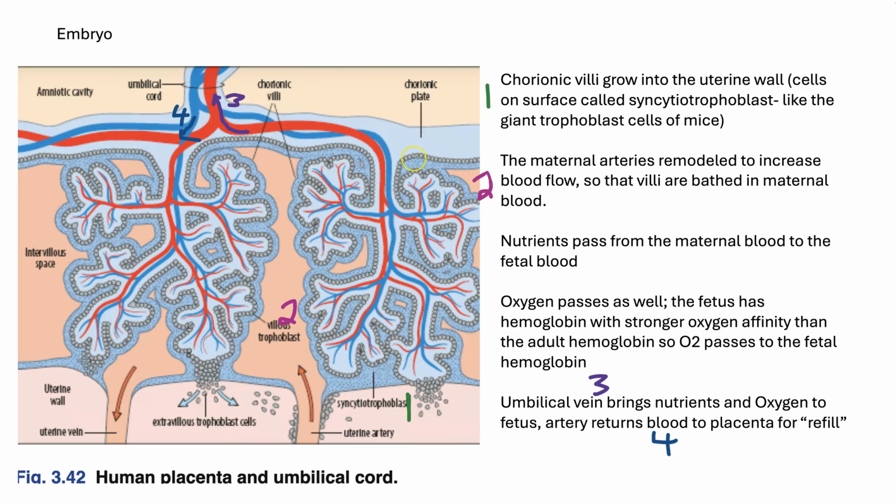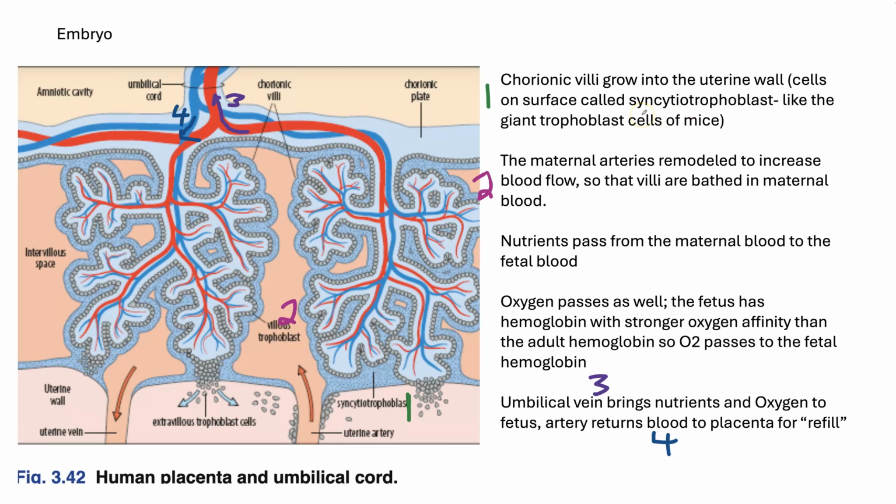The chorion forms villi, which are finger-like projections, right? Think of your intestine; it has villi, the projections into the gut. On the surface of these are syncytiotrophoblast cells, and they're similar to those giant trophoblast cells of the mouse.